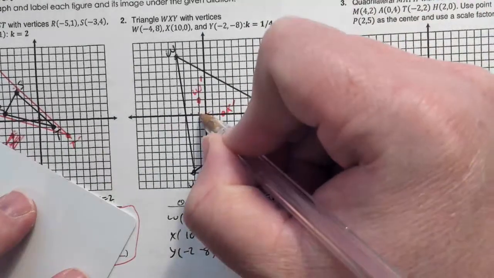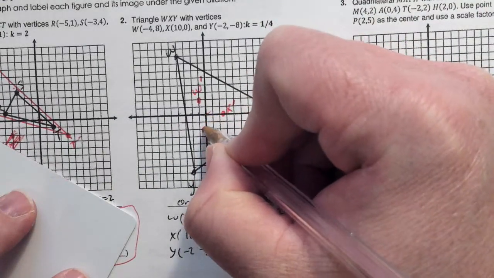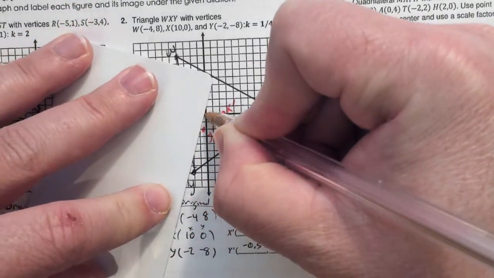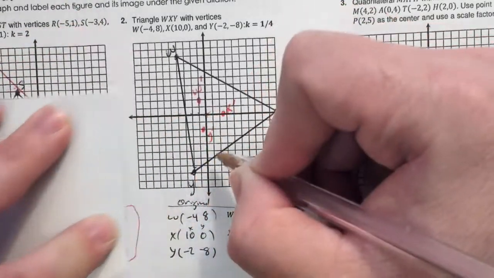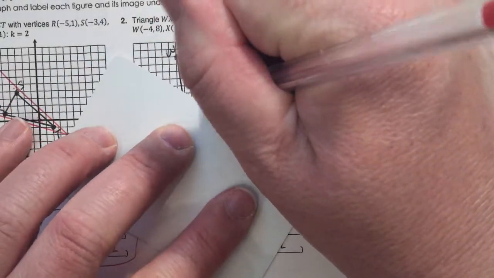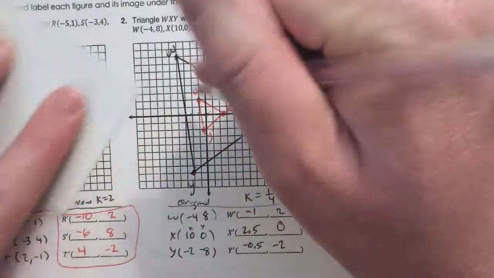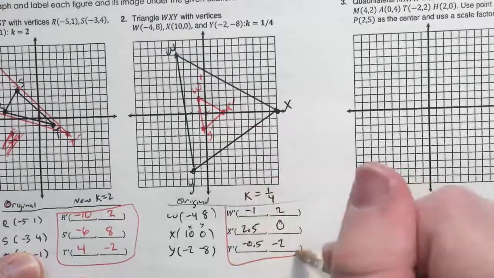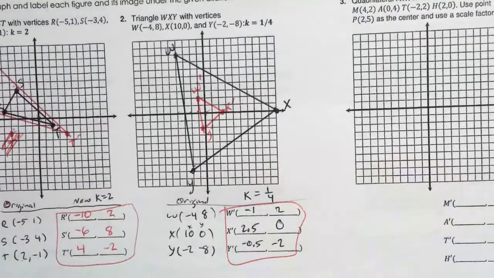And then -0.5, -2 goes right here, my Y prime, and 0, Y, and Y prime are all on the same line. So that's telling us we're doing this right. Does that look legit? Yes, it does. The quickest way to do this is just mathematically. Graphically will help you double check if you got this right or wrong.